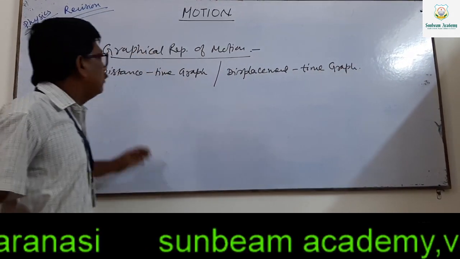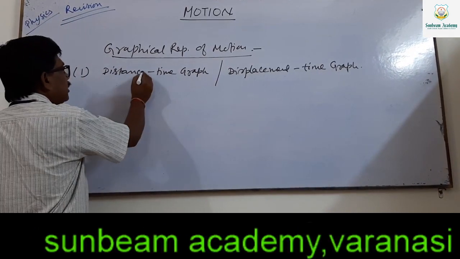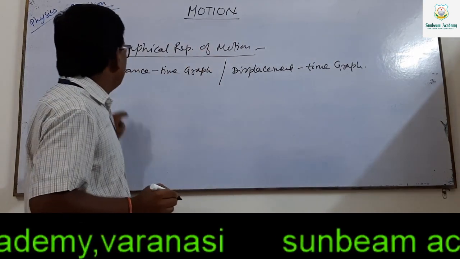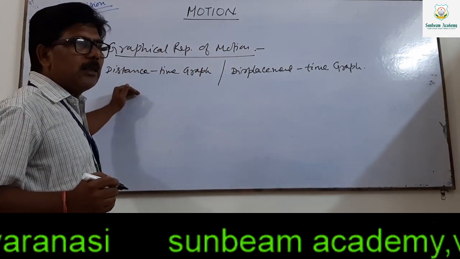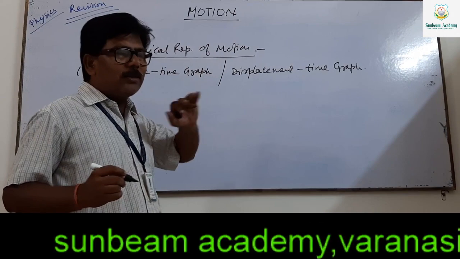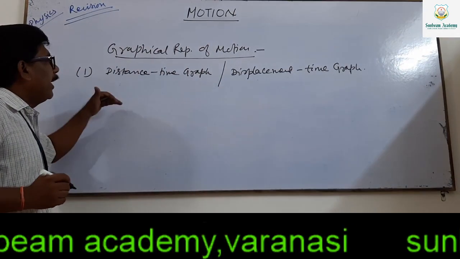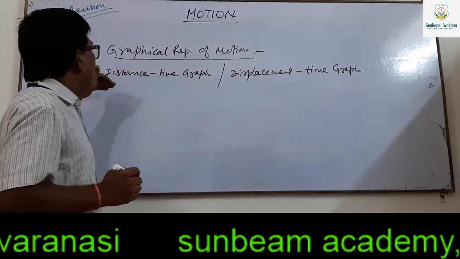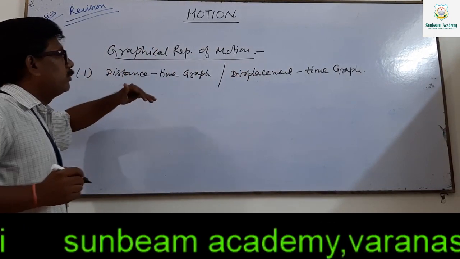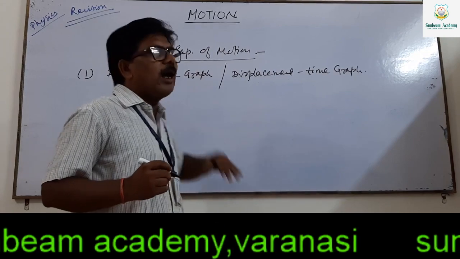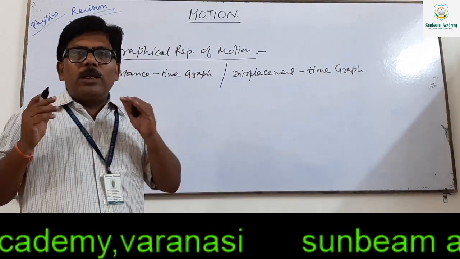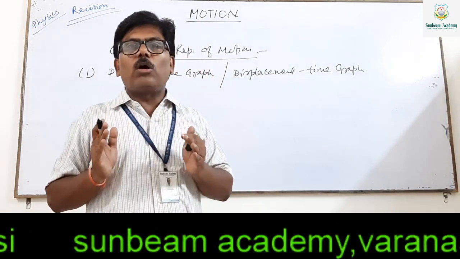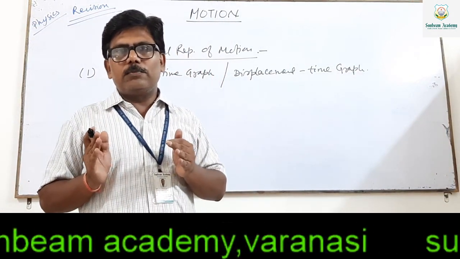Here we are using the term distance time graph, and here we are using the term displacement time graph. In the case of graphical representation, we consider both as the same. What we obtain with this graph by plotting distance time or displacement time, the slope of this graph will give you the physical quantity called speed or velocity.